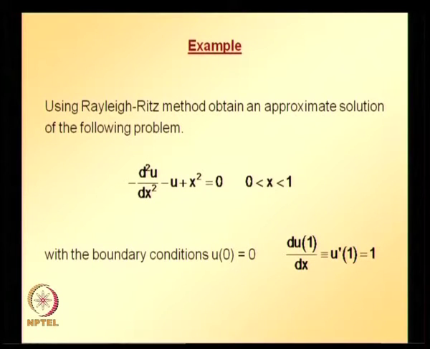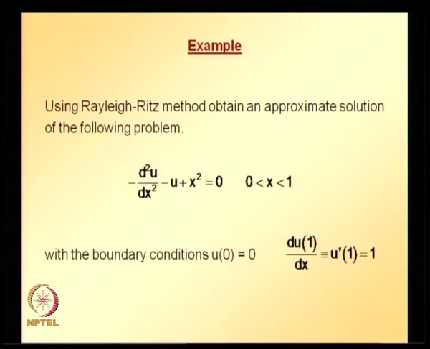If you recall the thumb rule that I gave earlier, if you have a differential equation of order 2p, those boundary conditions of order 0 to p-1 are essential boundary conditions, and those of order p to 2p minus 1 are natural boundary conditions.